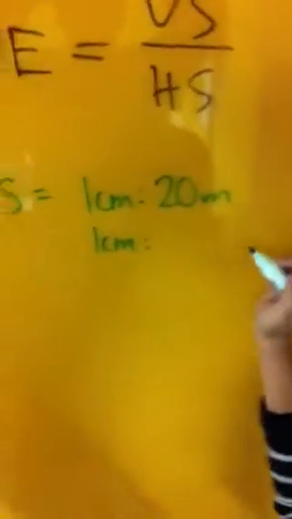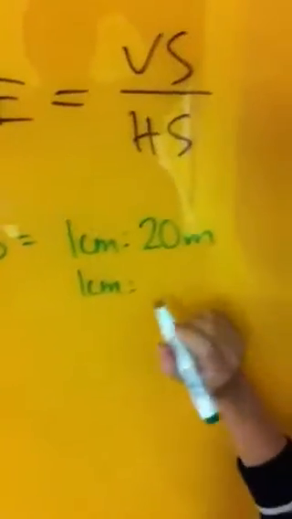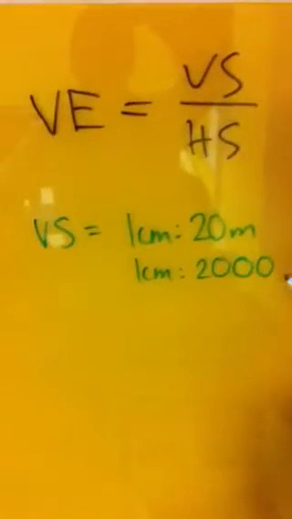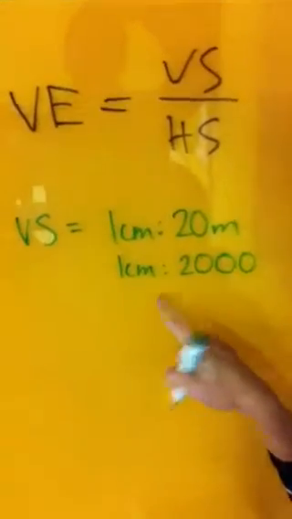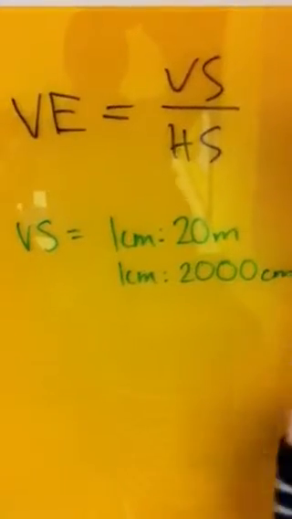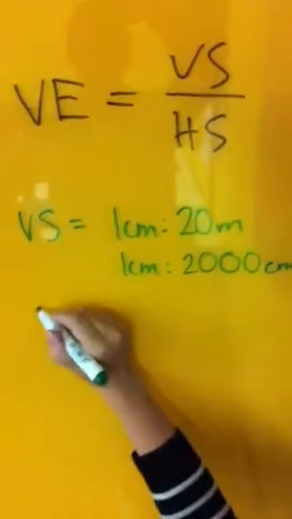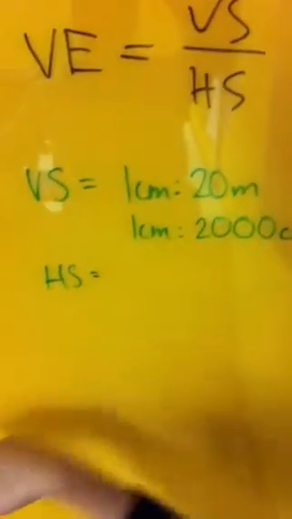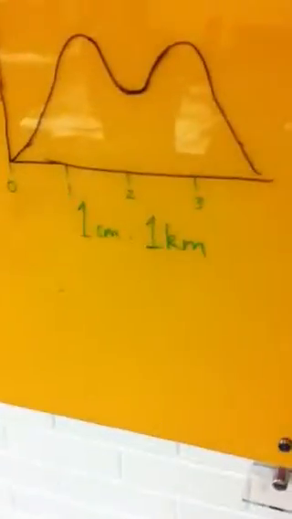We have to make the units the same. So we say that there's 100 centimetres in a metre, so our vertical scale is 1 centimetre represents 2,000 centimetres. And our horizontal scale is exactly the same as the previous demonstration, so 1 centimetre represents 1 kilometre.